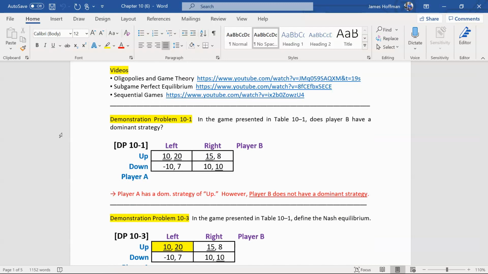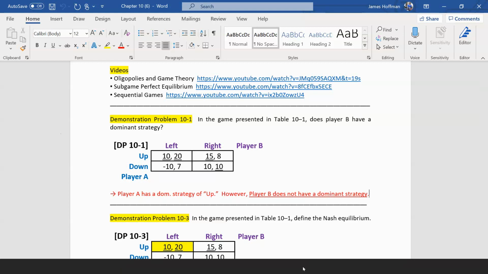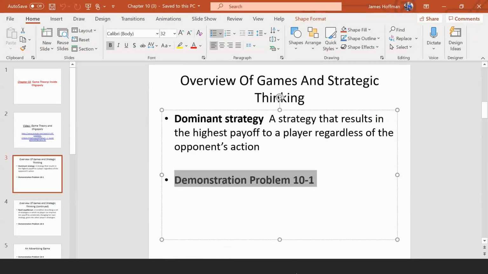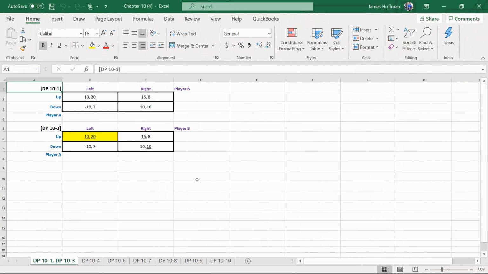Okay, so I did these game theory models in Excel because, in a classroom scenario, I would draw these up on the whiteboard, but I don't have that option at the moment, so I did these kind of like templates in Excel. I posted the ones that I did.